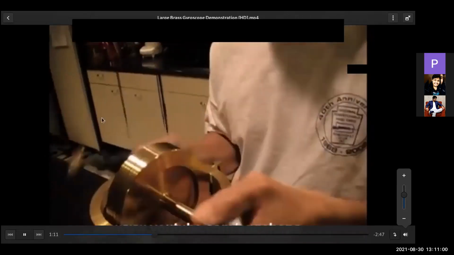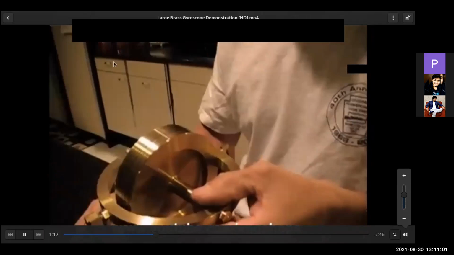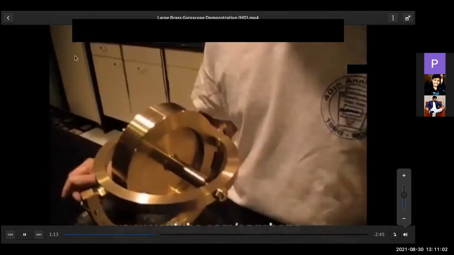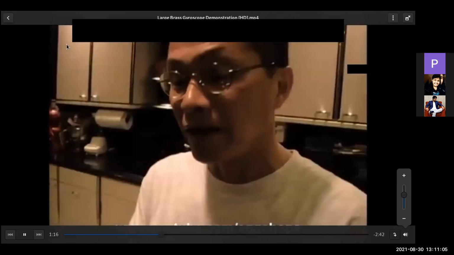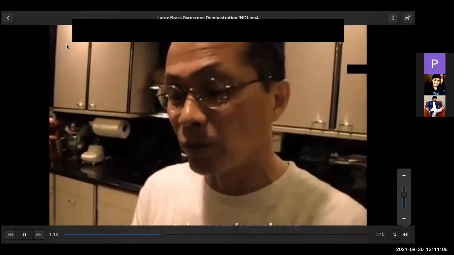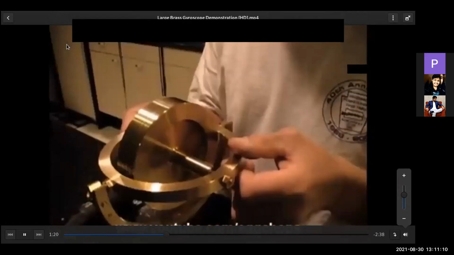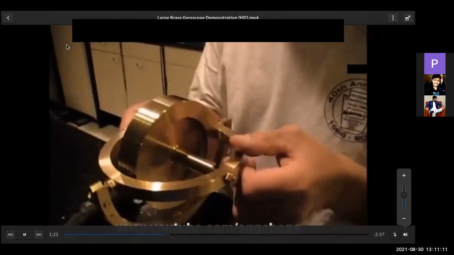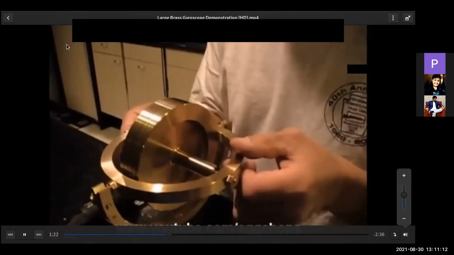And with the gyroscope spinning, it becomes stable and wants to resist movement. As a matter of fact, it's going to prevent me from trying to move it in this axis.